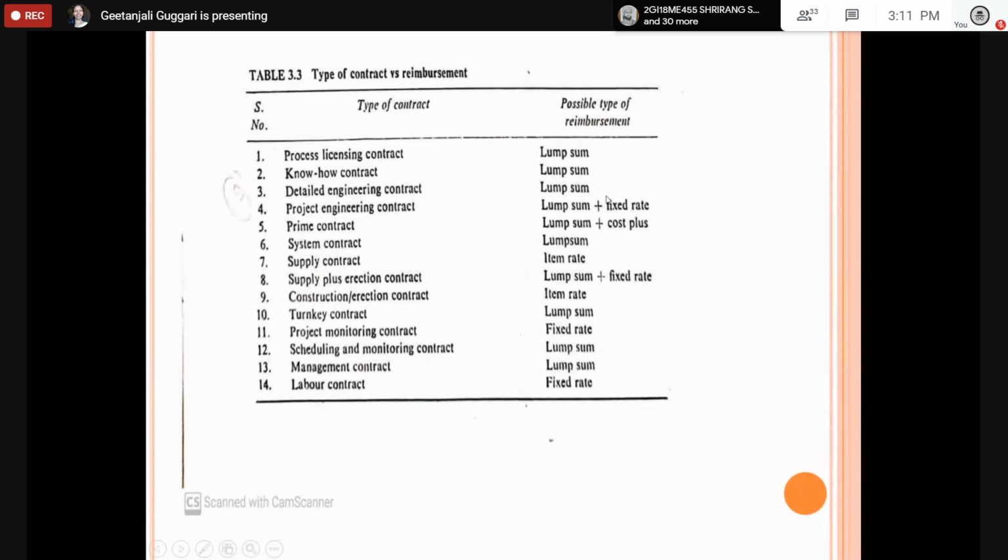Detailed engineering also you are going with a lump sum. Project engineering contractor will go with lump sum plus fixed rate, depending on how you are deciding the repayment for the contractors. Project monitoring contractor will be a fixed rate. Labor contract will be a fixed rate. Again, it depends. Here and there you can change things, how you want to repay the money. Based on that, you will be doing it.